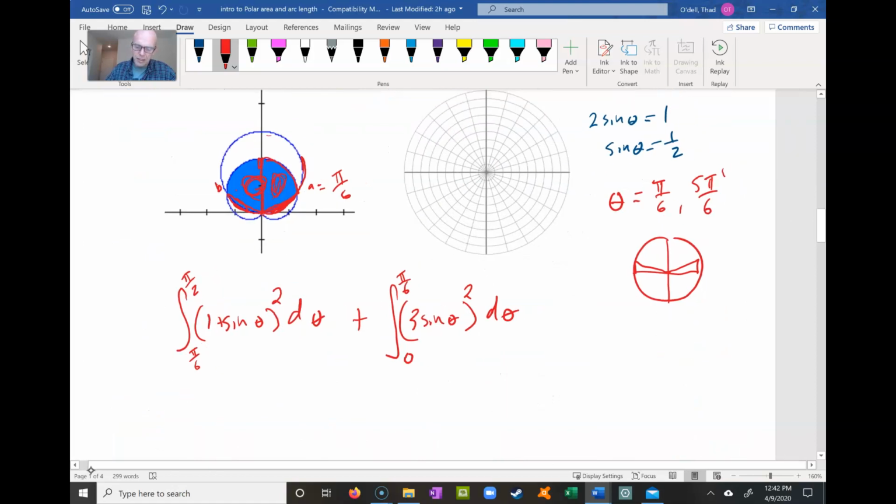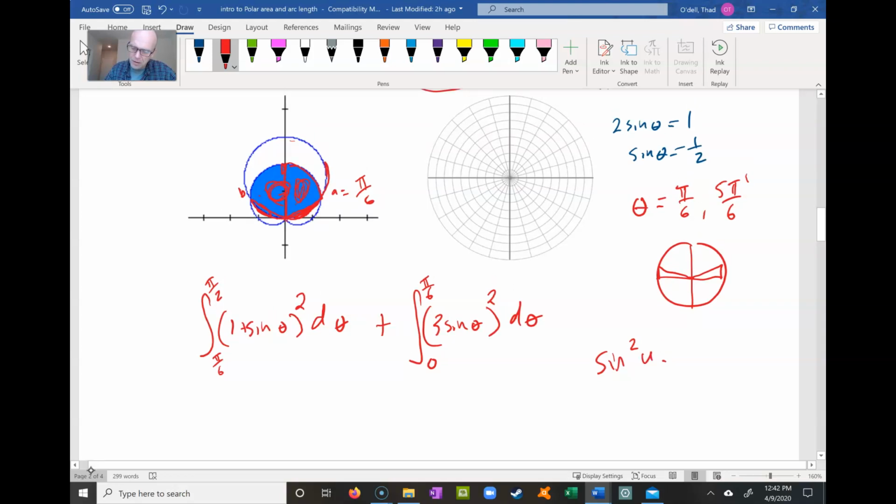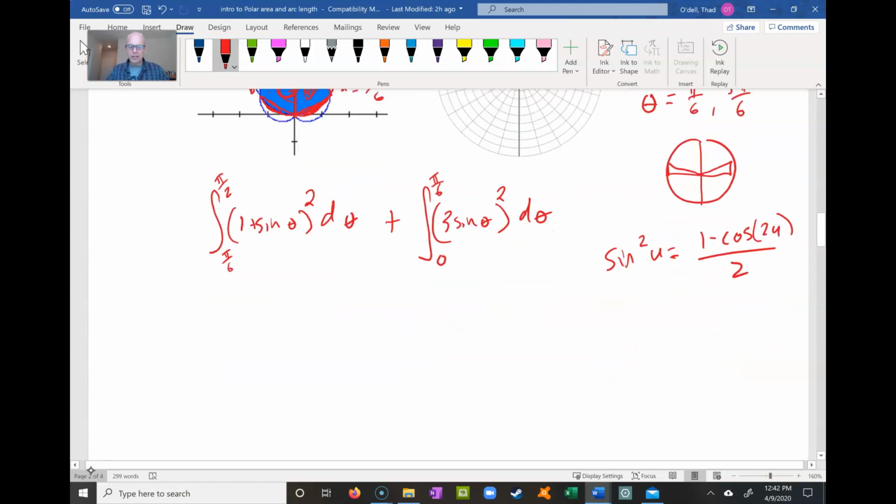For sine, it would be sine squared u is equal to 1 minus cosine 2u over 2. So it's the same thing, only minus instead of plus. Okay, so you can go ahead and do that on your own.